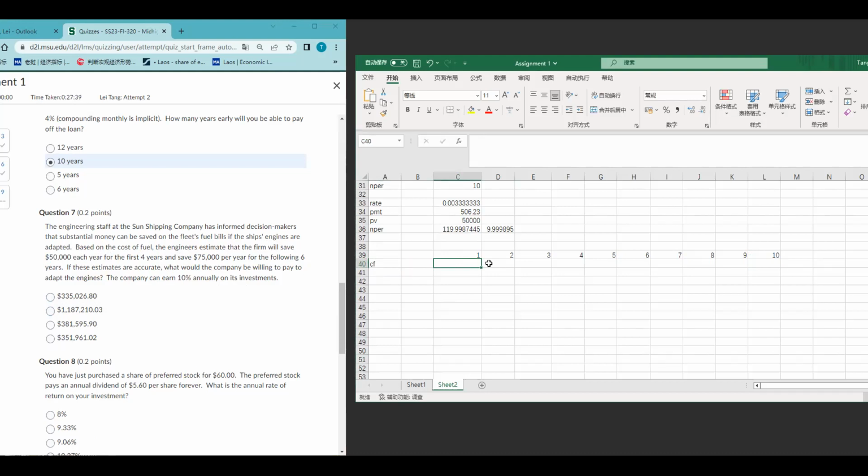Cash flow first year is 500. We use the Excel to automatically get this number, and for 75,000 for the following 6 years, so it's 70,000 in a year.